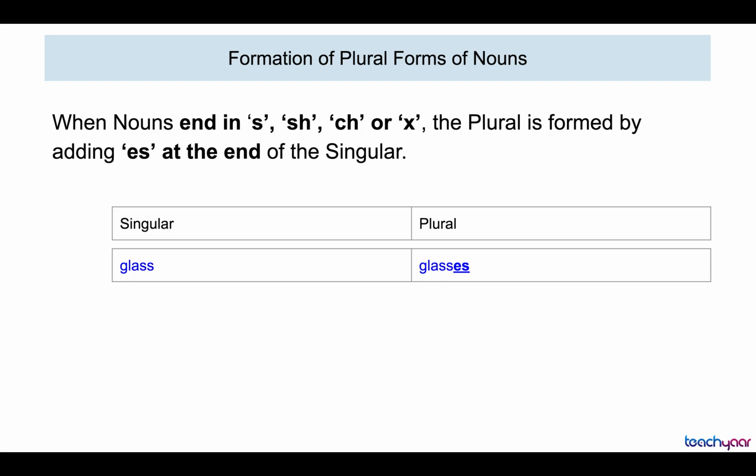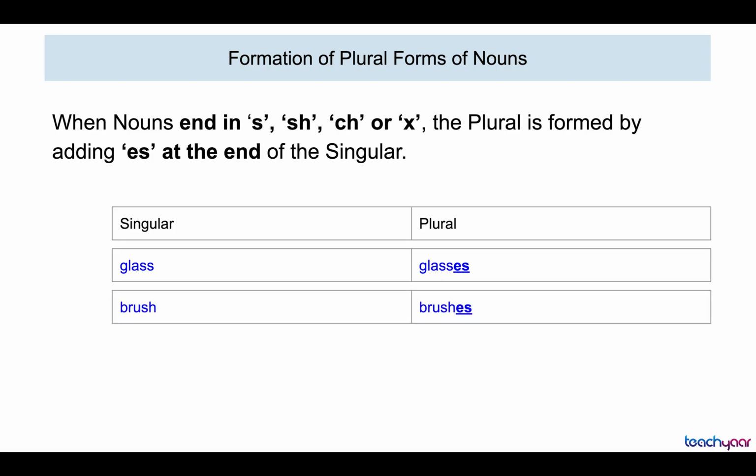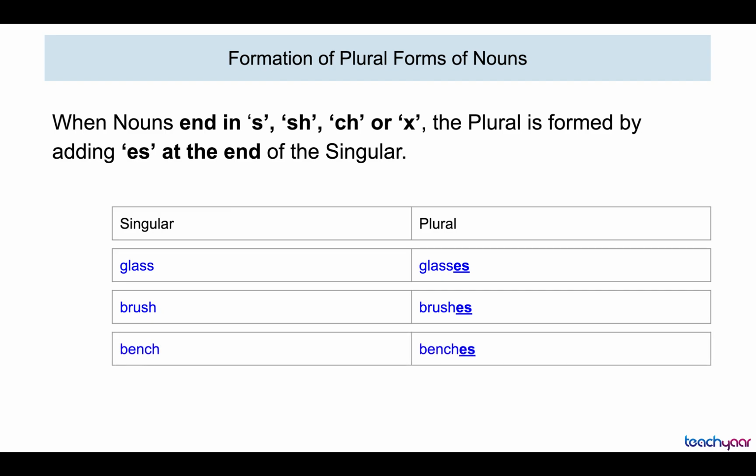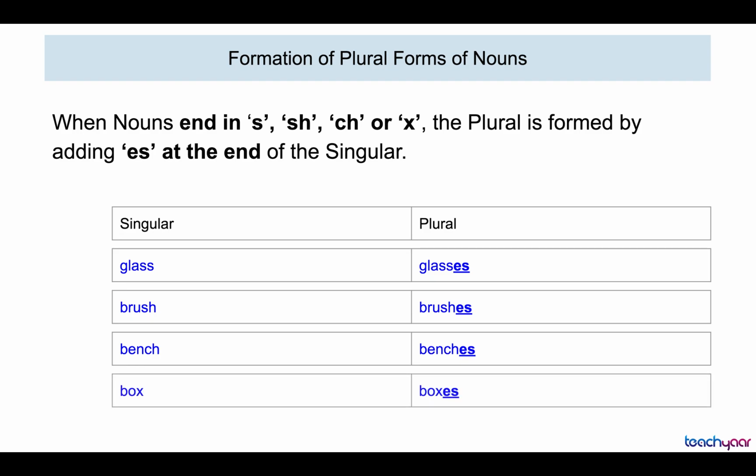So glass, es. Now we have brush, which ends in sh. So again you add es there, it becomes brushes. Bench, which ends in ch, and you add es, it becomes benches. Box, which ends in x, and you add es to get boxes. So this is one more rule.